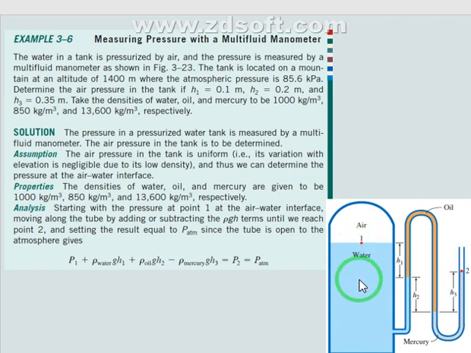We should be able to do many things, right? So what you're gonna do, simple. You must start with the left side and call this point 1. So P1 here is the pressure inside the water tank. This is P1.